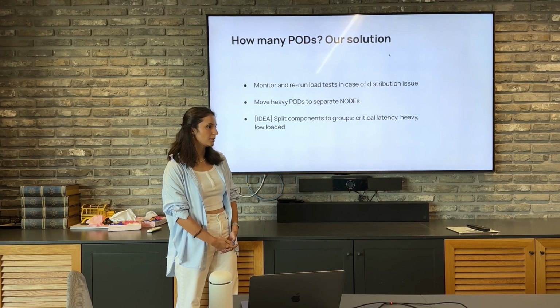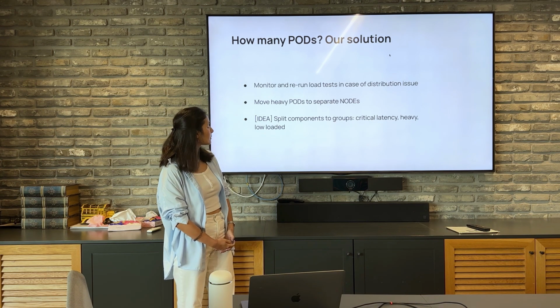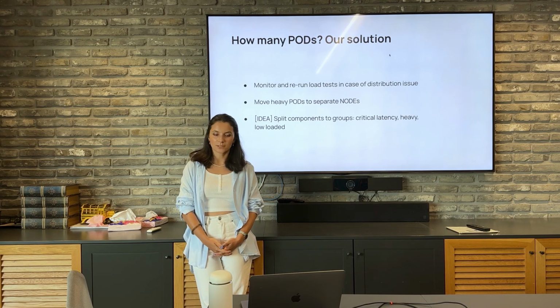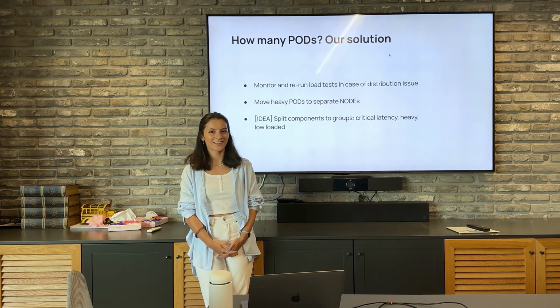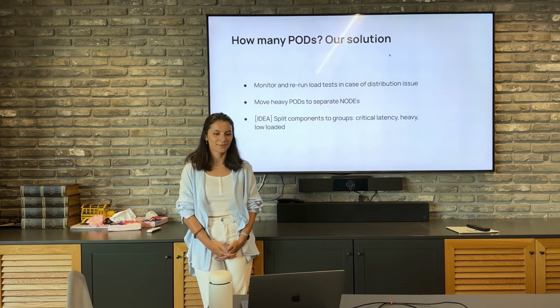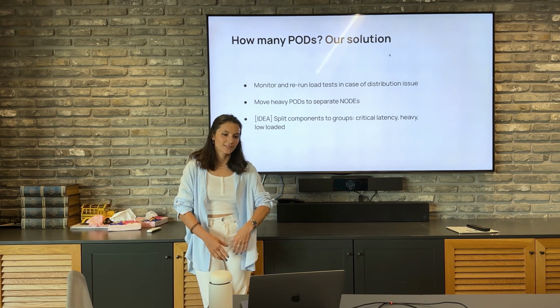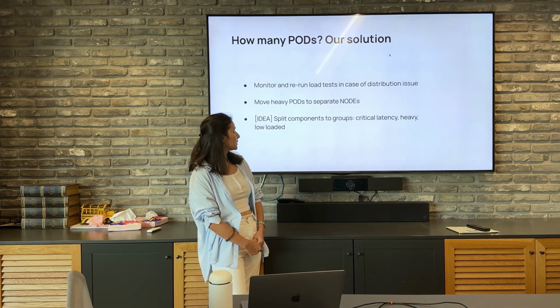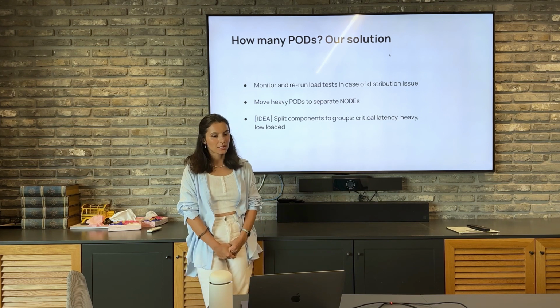Yeah. So what is our solution here? It's not a solution for production, right? Yeah, I think you understand this. But actually, the first one is for production also. We monitor runs.